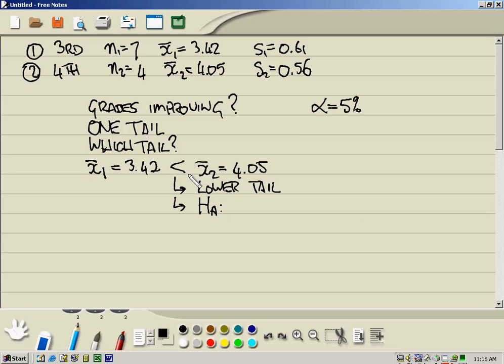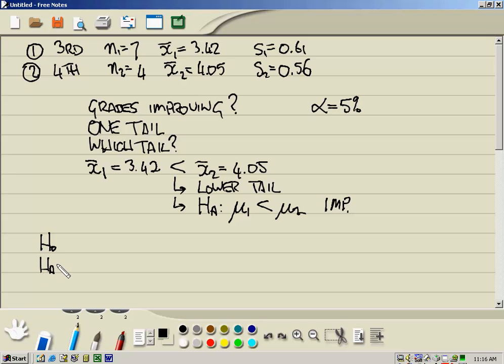So a lower tail test, and the alternate will be the population equivalent of this. So instead of X bar 1 being less than X bar 2, the population equivalent will be mu1 less than mu2. Remember that in the sample we have that the grades are improving, so the alternate will be where the grades are improving.